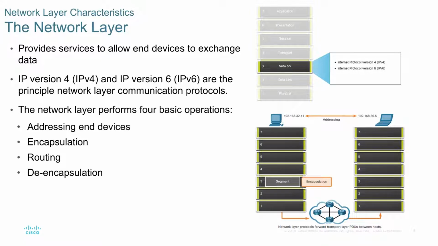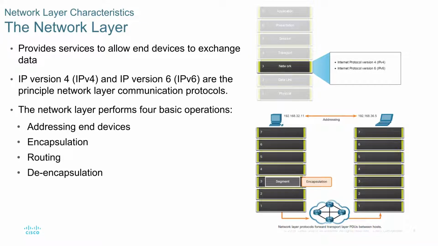The network layer performs 4 basic operations: addressing the end devices, encapsulation into a packet. It takes a segment from layer 4 and encapsulates it into a packet to send to layer 2 to become a frame.